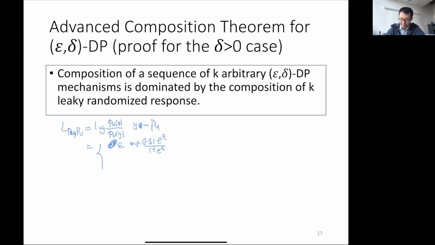So how are we getting this? This is a ratio of (1 minus delta) e to the epsilon over 1 plus e to the epsilon, over (1 minus delta) 1 over 1 plus e to the power of epsilon.